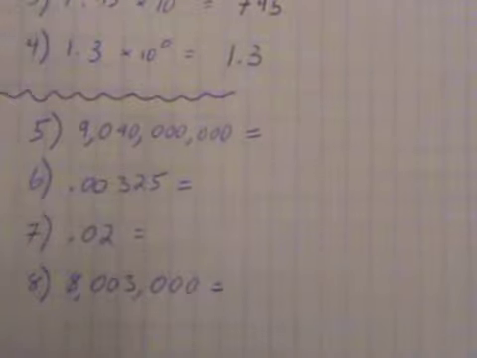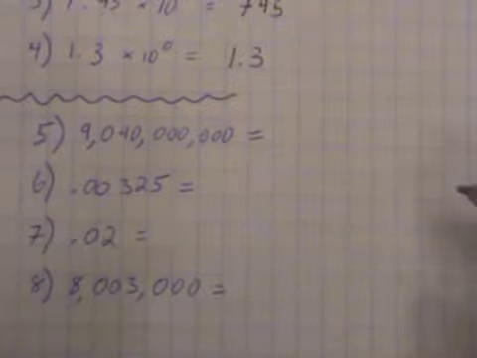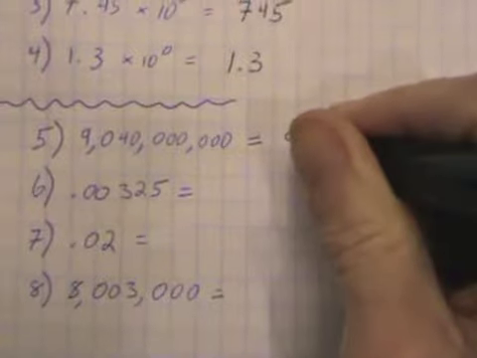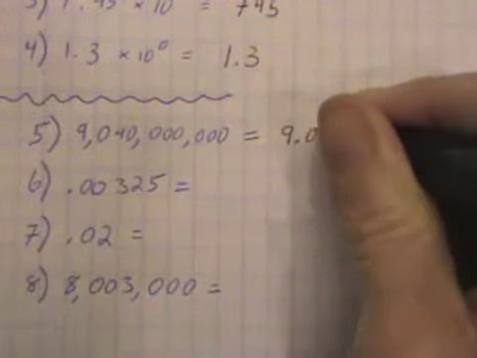This second group, we're converting into scientific notation. Remember, one digit to the left of the decimal point.